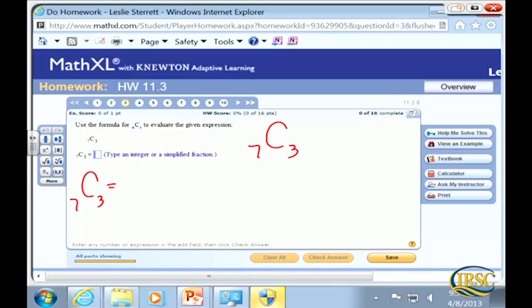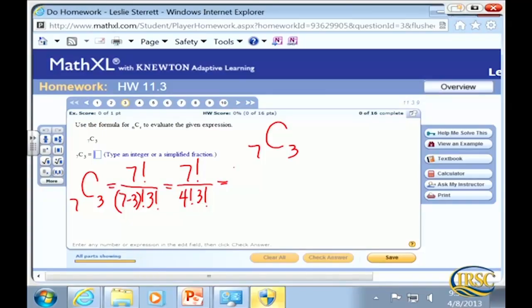So plugging in your numbers to the formula, you have 7 factorial over (7 minus 3) factorial, 3 factorial. What is 7 minus 3? 4. So you have 4 factorial, 3 factorial. Notice that the two numbers down there add up to 7, so that's good. All right, the bigger number in the denominator is 4.